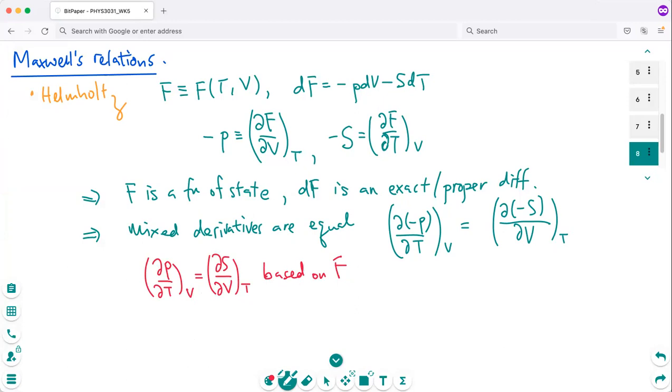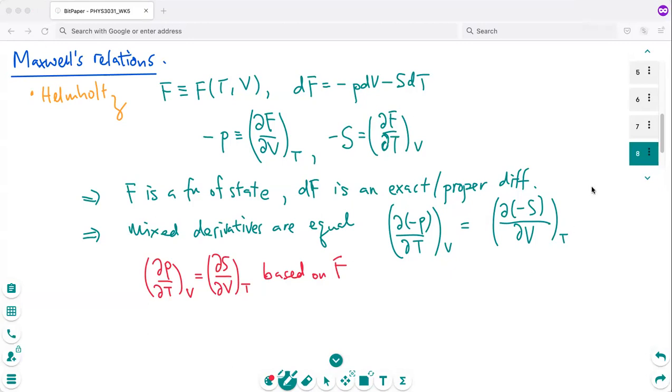Let me see if I can pull them out quickly. Here. Okay, so these are all the Maxwell relations that you can use for solving thermodynamic problems.